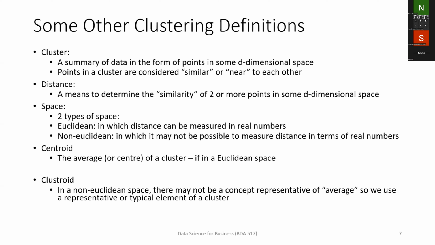And then we have distance. We use distance to determine the level of similarity. If we say something is close or near, then the distance should be smaller than where the distance is bigger.